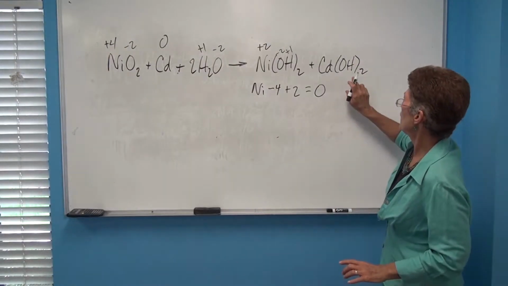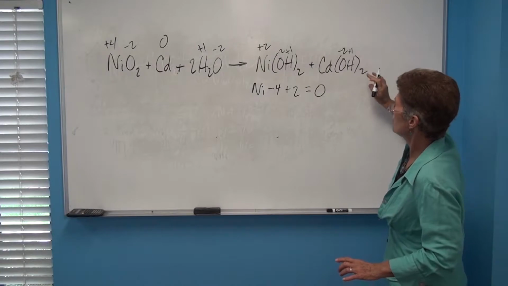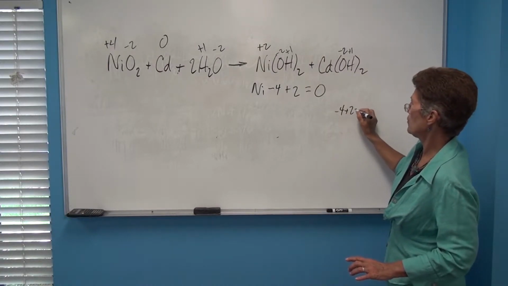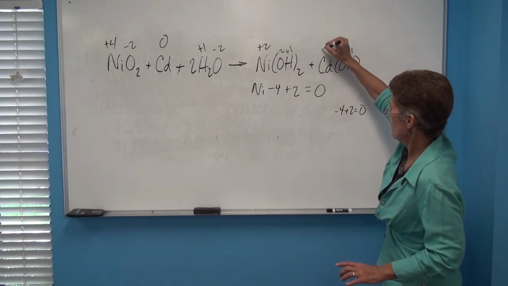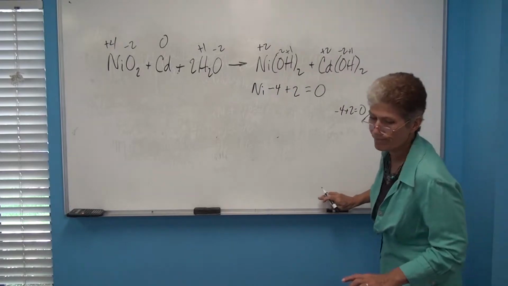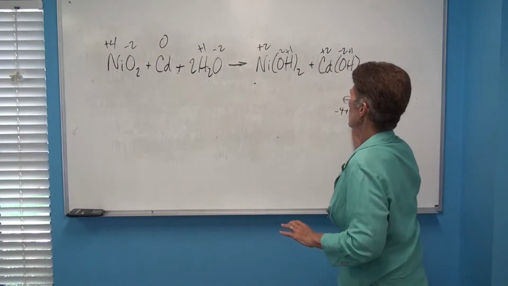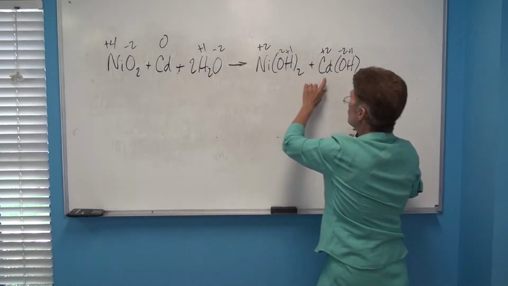Yep. And then this one we have plus 1 minus 2. Same thing as before. So we have a negative 4 plus 2 equals 0. So cadmium also has to be a plus 2, doesn't it? Okay. Now, let's look at this. We go from 0 to plus 2.